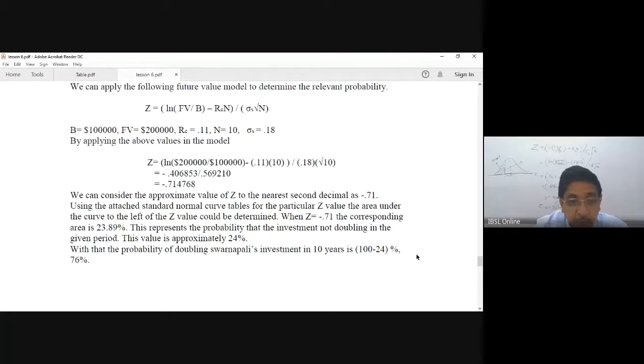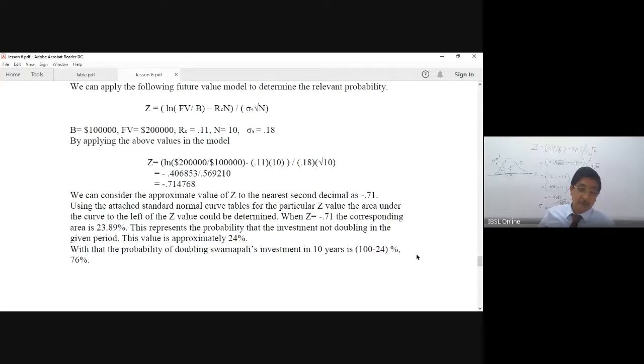Now, again, we have come to the example. Swarnapali's investment is doubled in 10 years with a probability of 76%. When you say a probability of 76%, it's a rather substantially close probability, where you can say there's a chance of 76% of doubling Swarnapali's investment in 10 years.